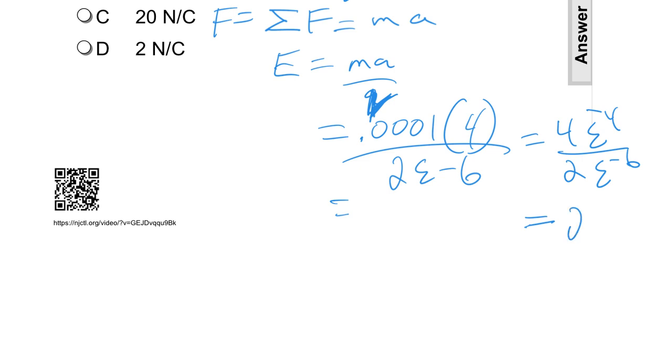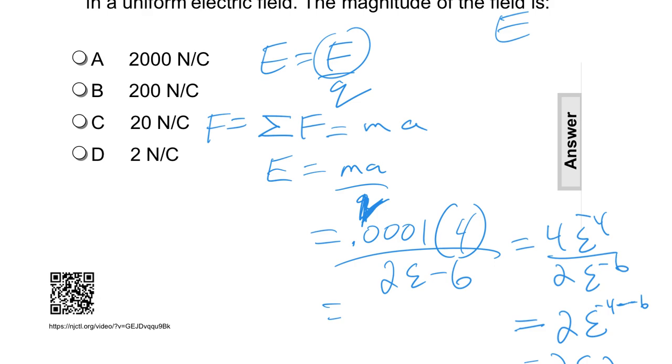So we get 2 e to the negative 4 minus the negative 6. I'm using my exponent rules. So that'd be 2 e to the 2, which is 200. So 200 newtons per coulomb.